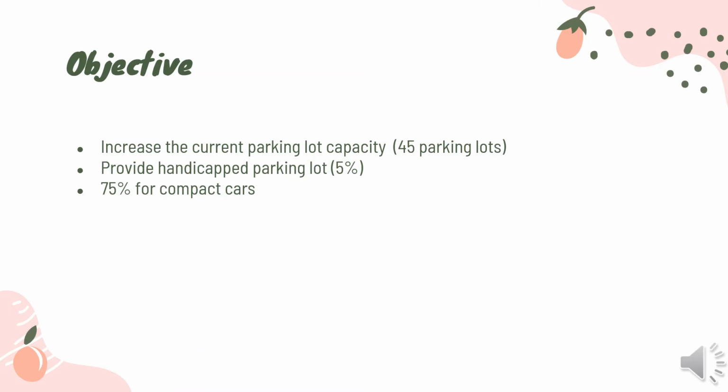The objectives of rearranging the parking lot are, first, to increase the current capacity to 45 parking lots. Second, to provide handicap parking, which is 5% of the total parking lot. The third is to provide at least 75% compact car parking lot.